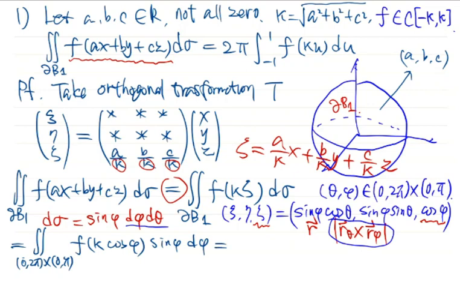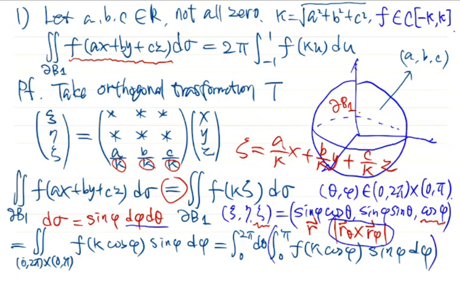is computed by an iterated integral. So we integrate over theta from 0 to 2 pi, then for phi from 0 to pi, f(kappa cosine phi) sine phi d phi. The inner integral does not depend on theta.